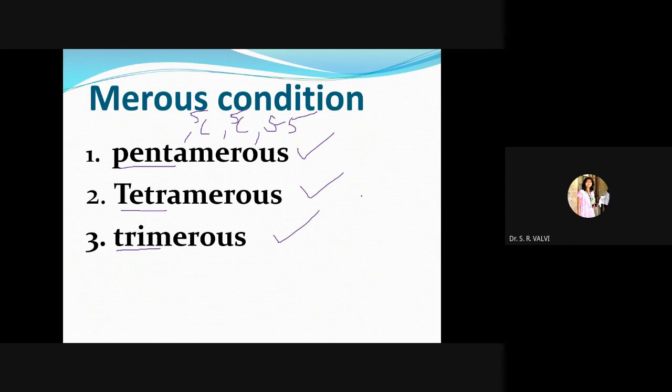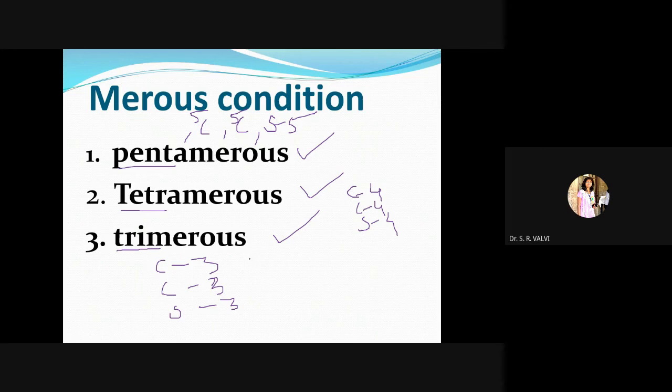In tetramerous condition, calyx would be 4, corolla also 4, and stamens also 4. So likewise, in case of trimerous condition, calyx 3, even corolla 3, and your stamens also 3. So likewise here pentamerous, tetramerous and trimerous condition is present.